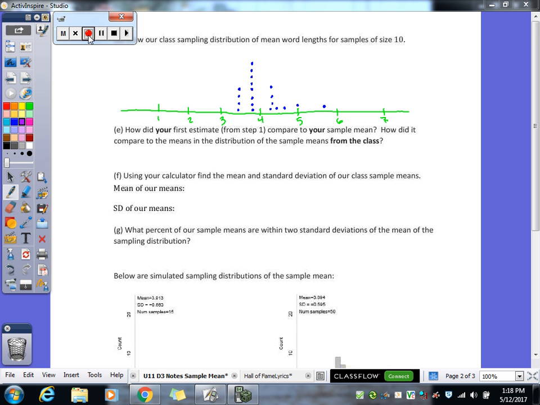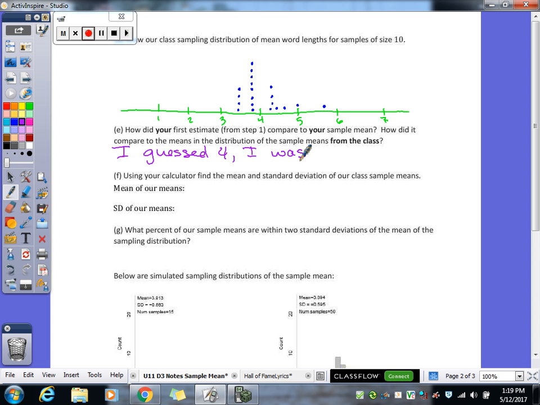Well, we had like 3, 4, 5, some person even said 6. Is that pretty accurate compared to our distribution there? Would that be in our confidence interval? Yes, it would. I had guessed 4.